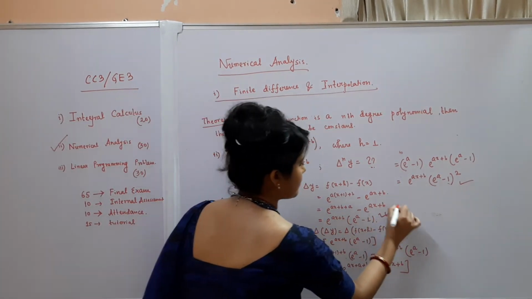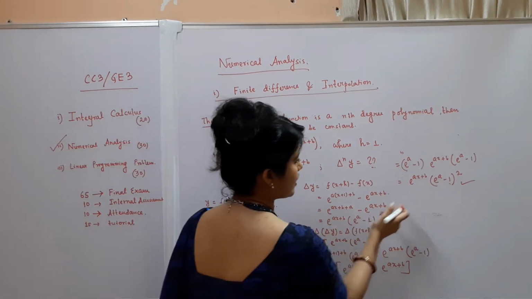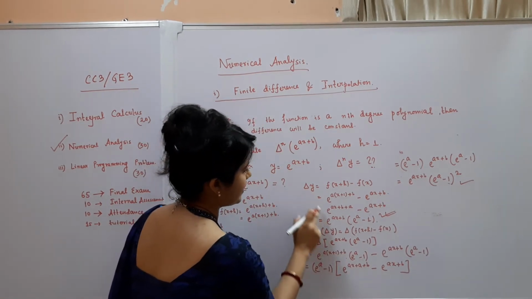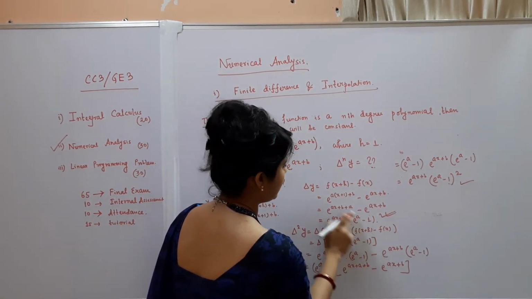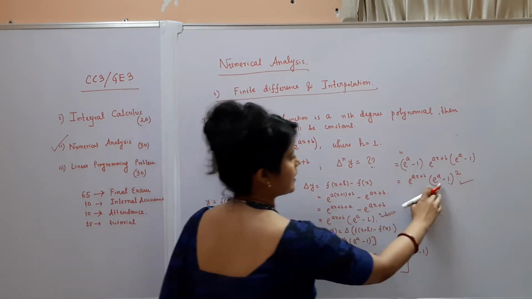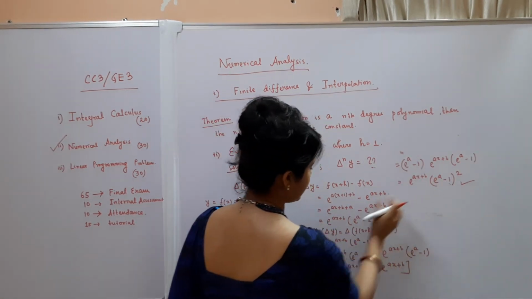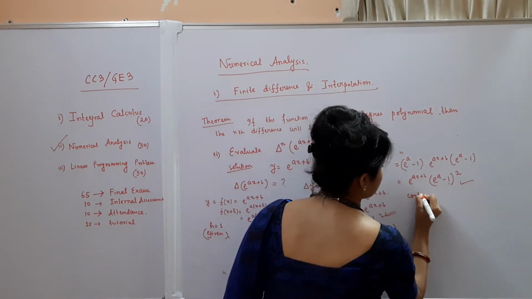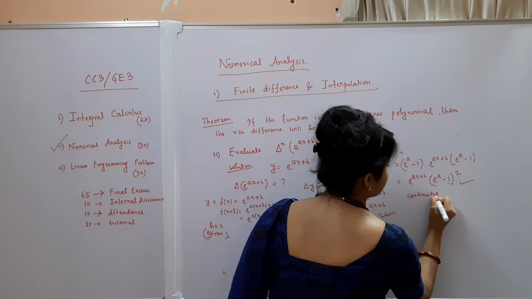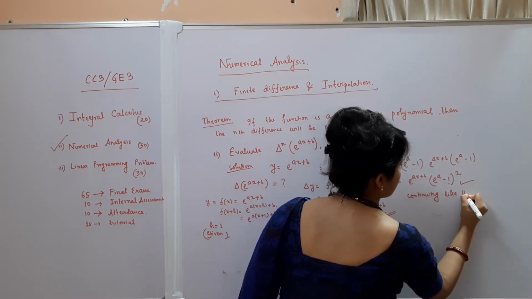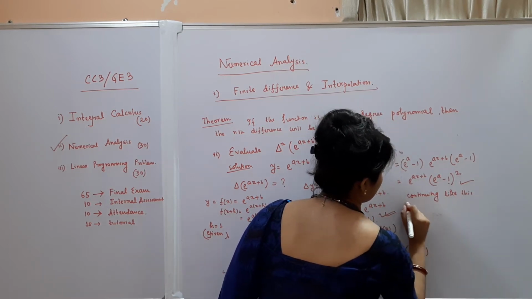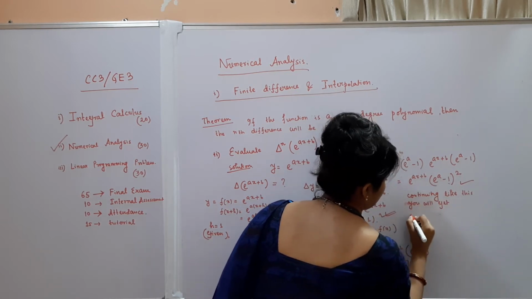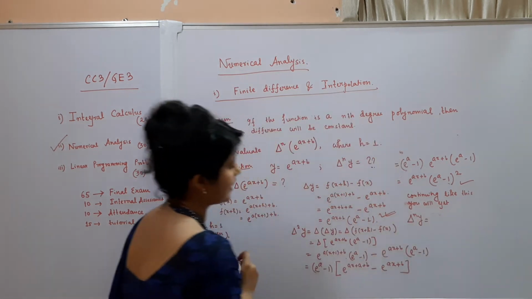So this is the expression for second order. This is the expression for first order. So you already know the pattern of this expression. When it is delta y, it is e to the power a minus 1. When it is delta square y, then it is e to the power a minus 1 whole square, and this part is the same. Continuing like this, you will get delta n y.